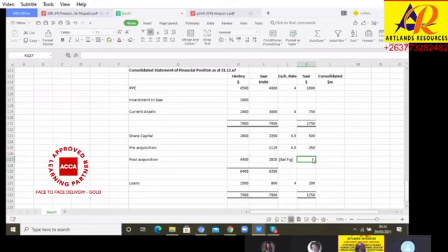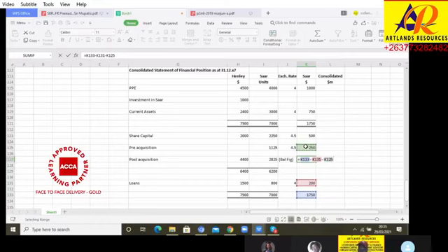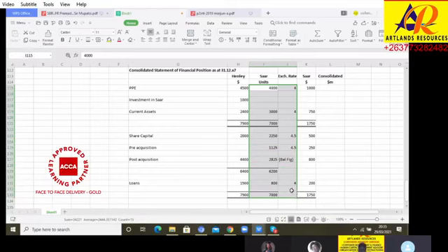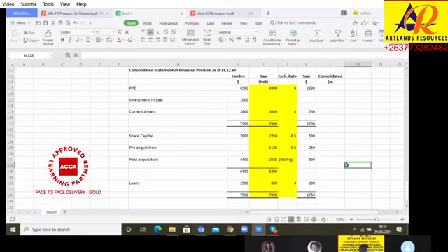You then say equals 1,750 minus every other figure here, and it comes out to be 800. This is what I mean by saying the post-acquisition is obtained as a balancing figure. The figures in yellow are no longer required. We now have 2 balance sheets in dollars, so we can now consolidate.